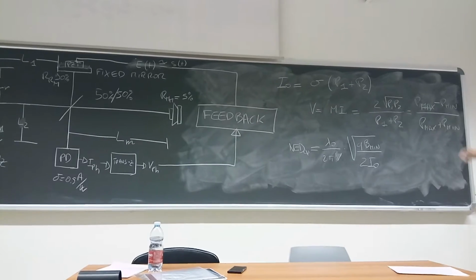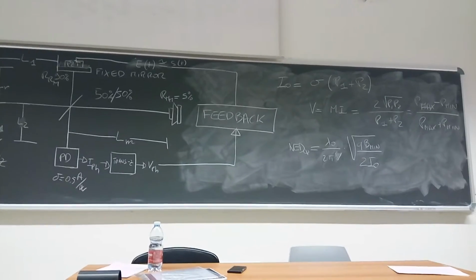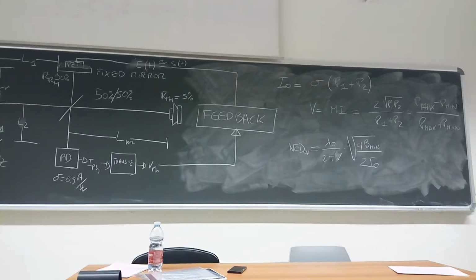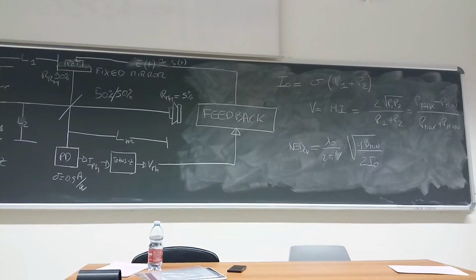Well, if you have a full modulation, of course, P min is 0, and so you have 1 when you have P max divided by P max. So I believe that it should be good. I will check that.